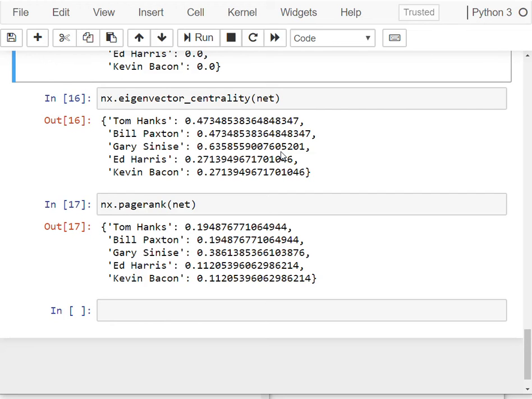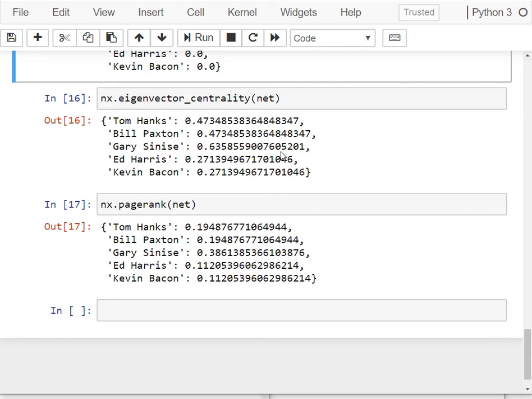So a page is important if it's linked to from pages which are also important, and they are important if they're linked to from other pages that are important, and so on and so forth. There is some substantial math underneath the hood. It uses the eigenvector of the adjacency matrix to come up with this measurement, but you can think about it as a measurement of influence and importance.